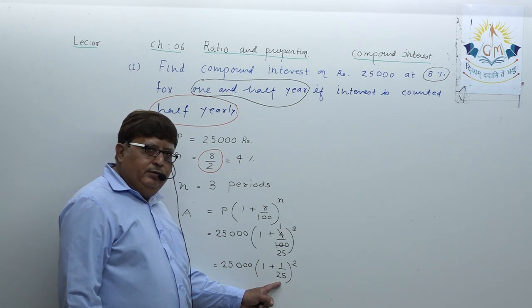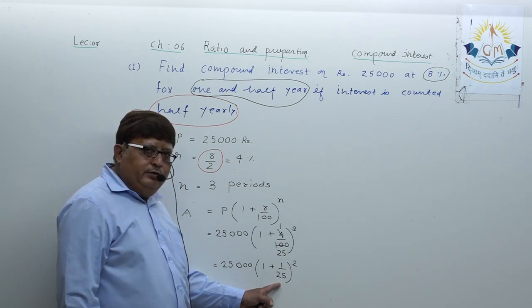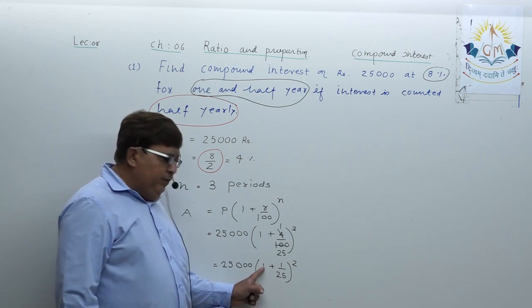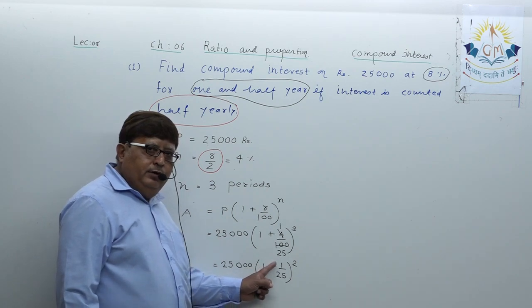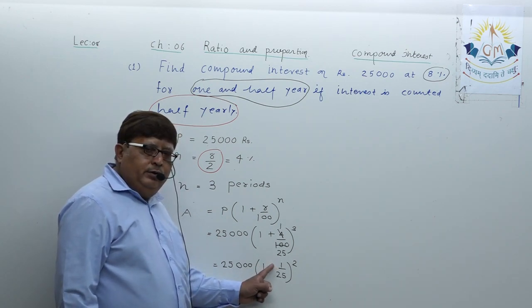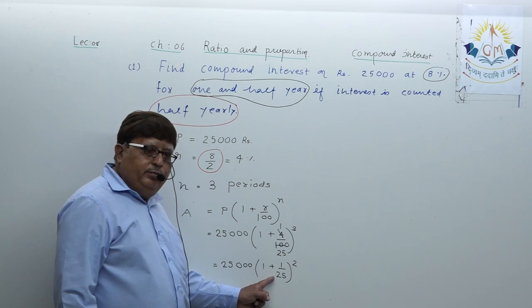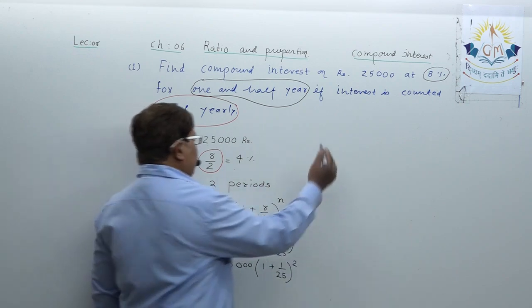You know we have taken this in previous examples also in our early lecture. 25 ones are 25, 25 plus 1, 26 upon 25.